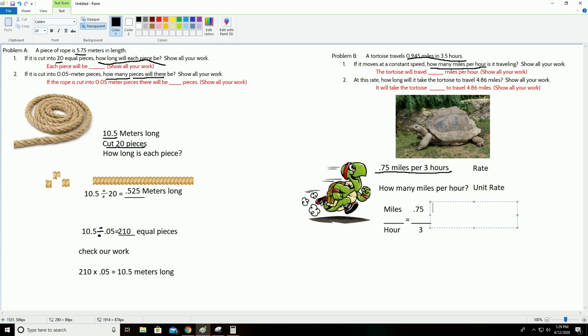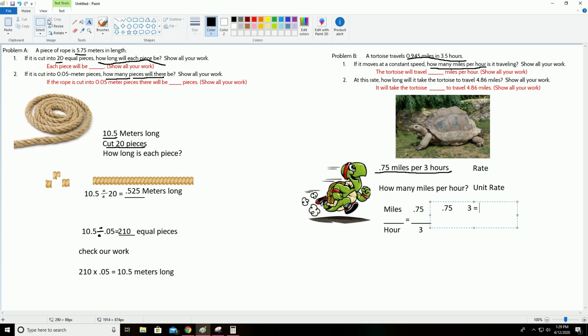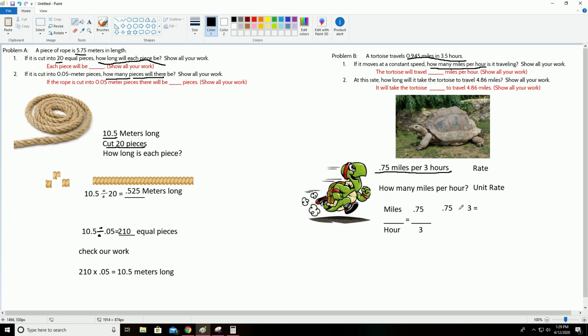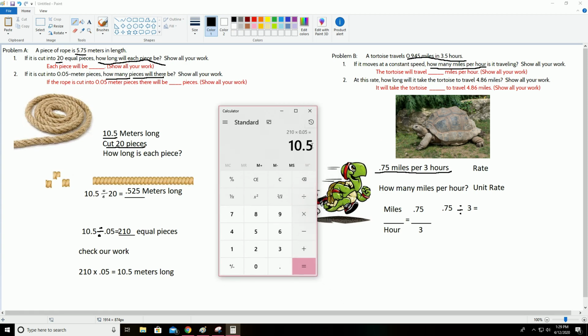So we're really just setting up a division problem. And I'll draw my division symbol in here. So you are going to get a decimal. You're definitely going to get a decimal here.